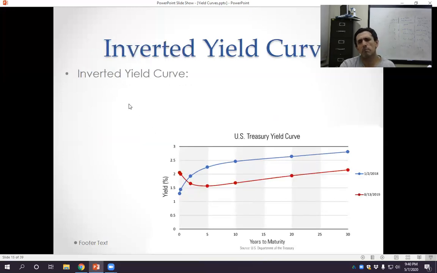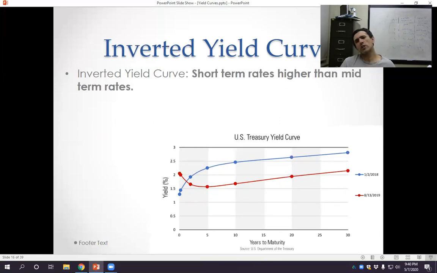Okay, so let's talk about inverted yield curves. So what is an inverted yield curve? Well, it's generally a yield curve where short-term rates are higher than mid-term rates. They could also be higher than long-term rates. When I say rates, again, I mean yield rates.